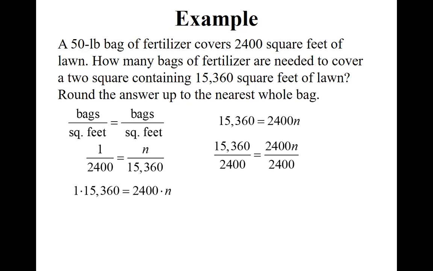Divide both sides by 2,400, and 15,360 divided by 2,400 is 6.4. Now we want to round the answer up to the nearest whole bag because you can't buy 0.4 of a bag. So 7 bags of fertilizer are needed to cover the 2 square, whatever that is.